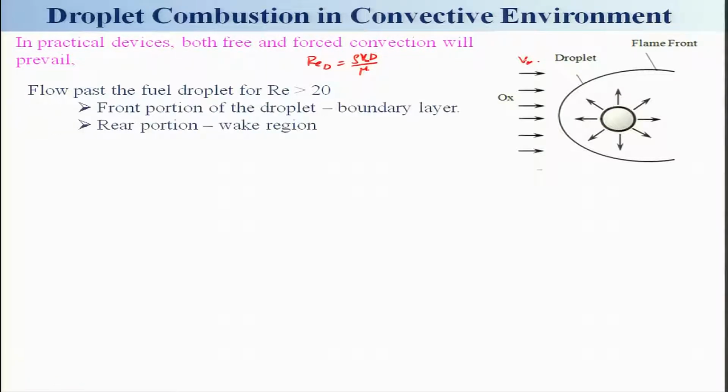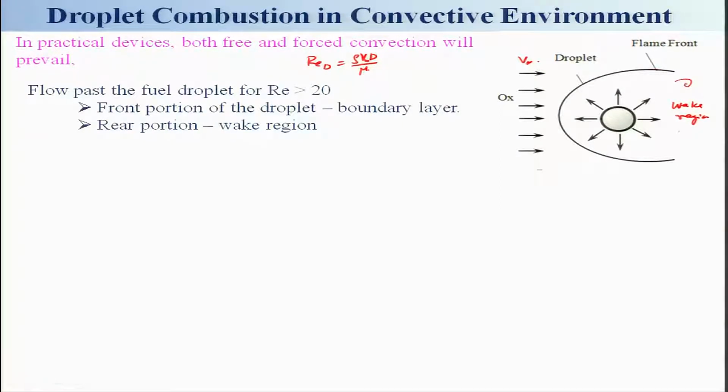Then what will happen once it is greater than this: the front portion of the droplet will be like that, and there is a boundary layer. This is of course your flame front, the thermal boundary layer, but there will also be an aerodynamic boundary layer which I have not shown, and there is a wake region here.